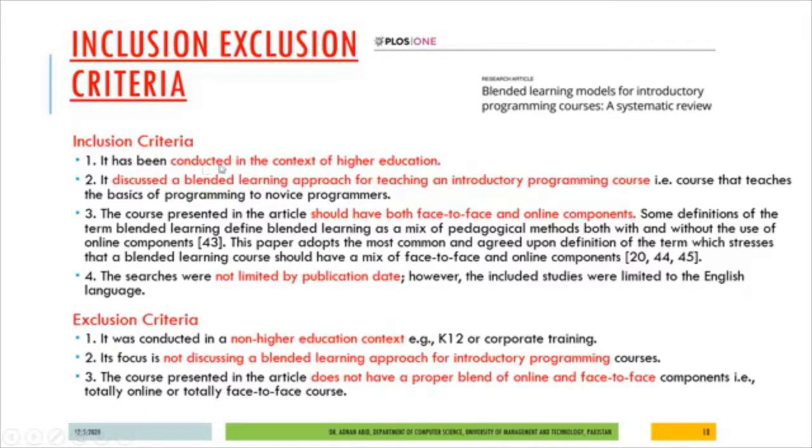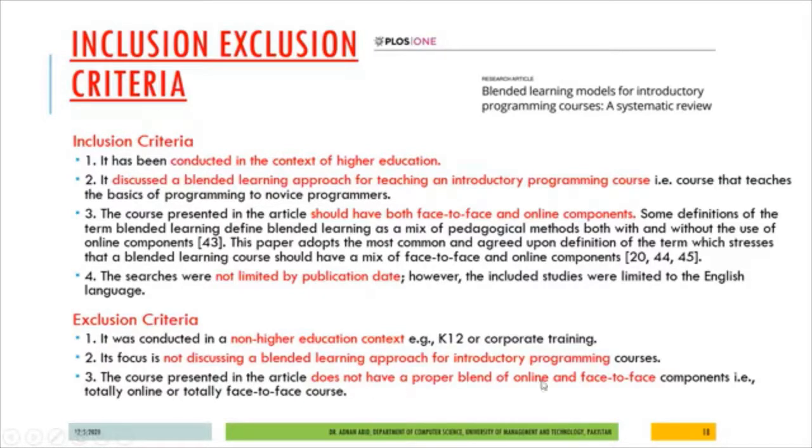So the points that we discussed before: the scope of higher education, blended learning, and the definition of blended learning, that face-to-face and online have to be there. In this case, for the PLOS One article, the researchers were not limited by publication date. In some cases, we say that we are just focusing on the articles that have been published after 2014, say. So if any article has been published before that date, it is excluded from the study, and the ones which fall in the bracket of the timeline, we may include them.